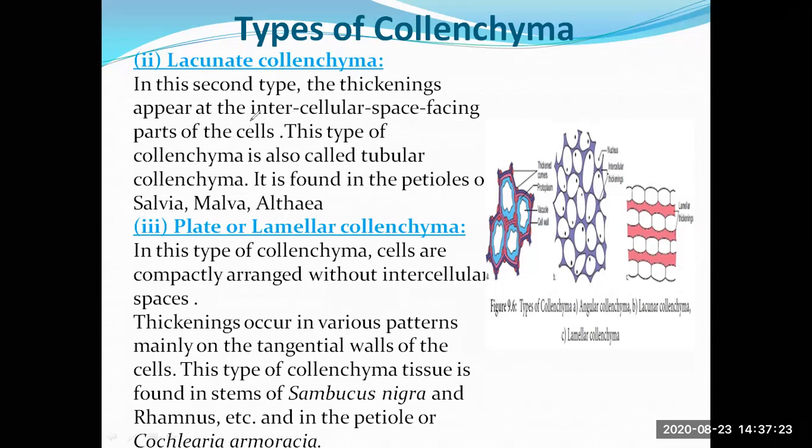Air spaces means there are some intercellular spaces. Thickenings are generally restricted, meaning they appear at the intercellular space facing part of the cell.